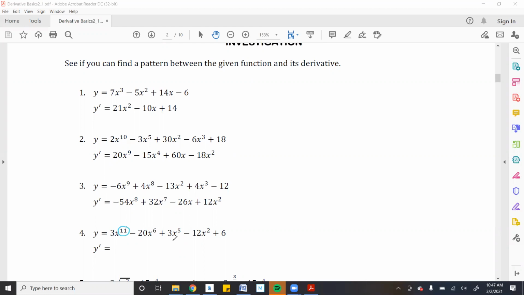I'd need so many pages to do this in my notebook, right? So based on your pattern, I want you to fill in what you think the derivative is. And it's okay if it's wrong. We're thinking right now. So whatever you think the pattern is, go ahead and fill it in.